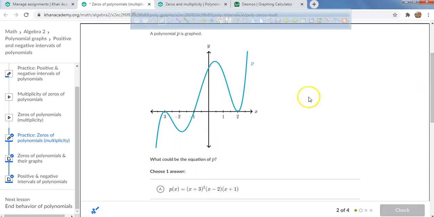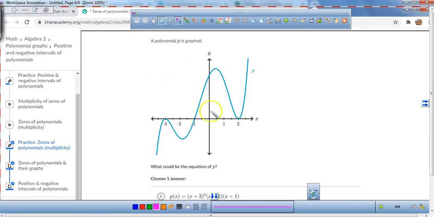All right, let's take a look at this one. This one touches it, so it looks like there could be a double root right there. There could be another double root, and that's a single root. All right, so if we were to write this out, where do we have a double root? Right here at -3, so looks like we're probably going to have x plus 3 squared.